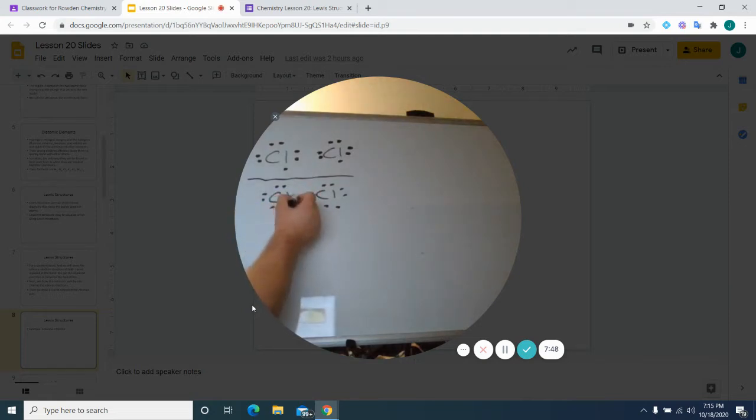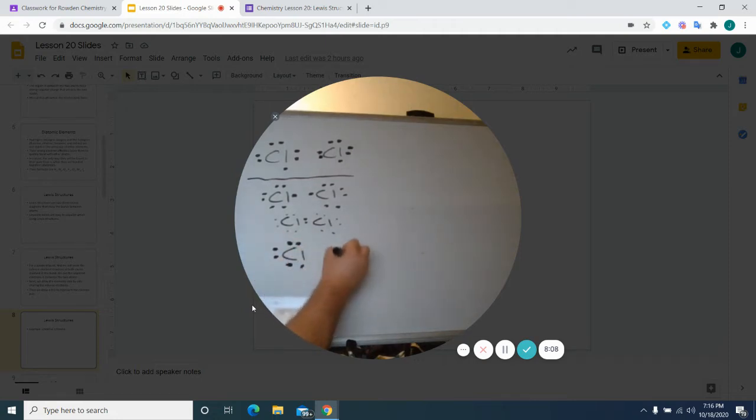We're going to draw one dot right here, so they share them. But in order to show that they're sharing 2 electrons, instead of drawing 2 dots, we draw a line between them.